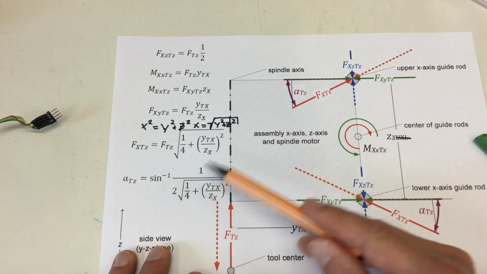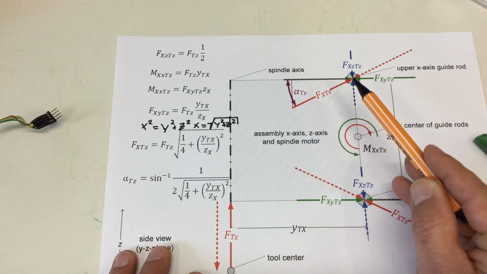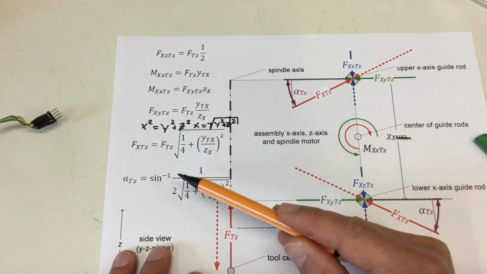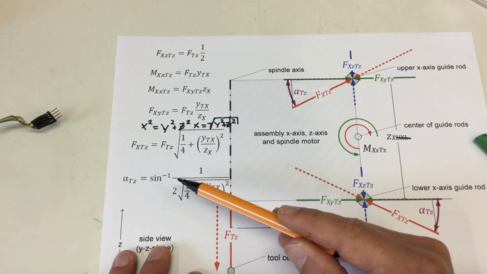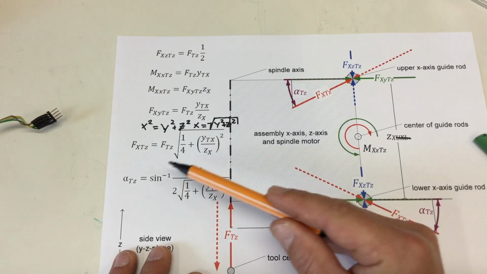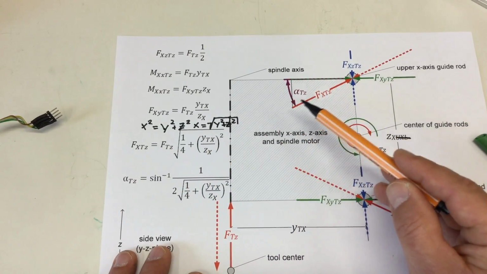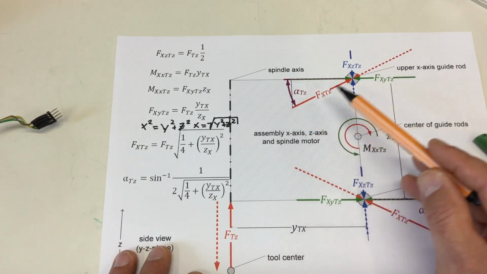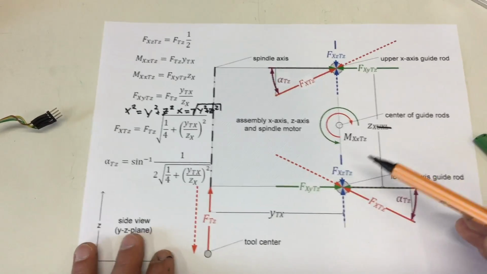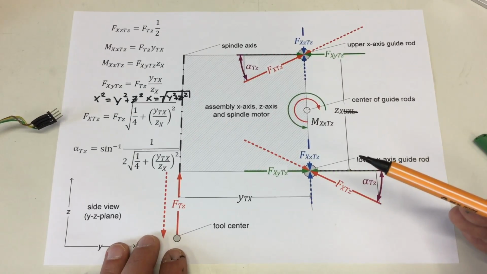And last but not least, for the resulting force we also have an angle of attack. That's basically trigonometry for a rectangular triangle. And yeah, that's the result.